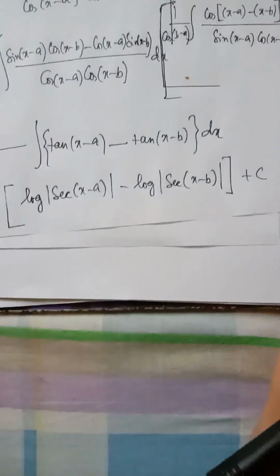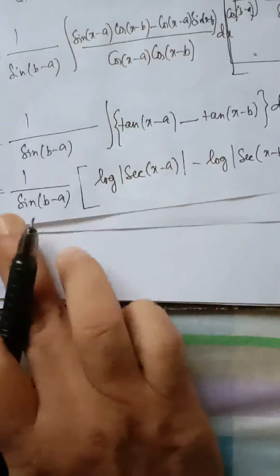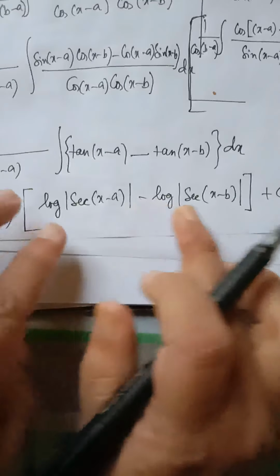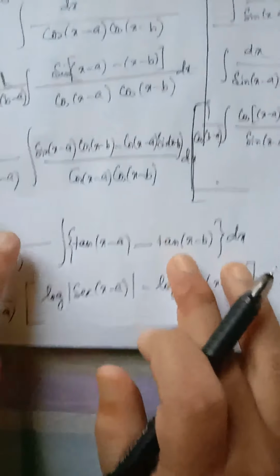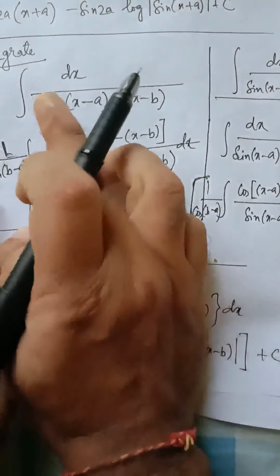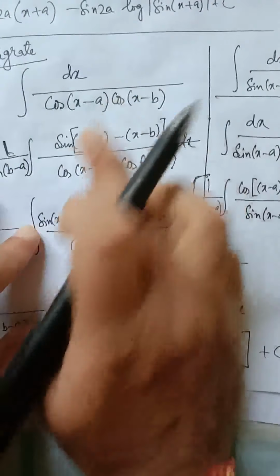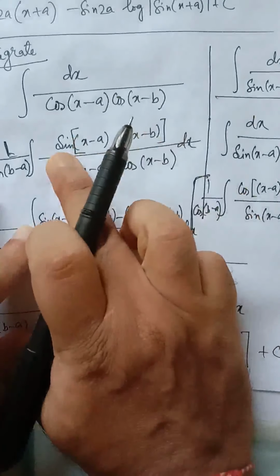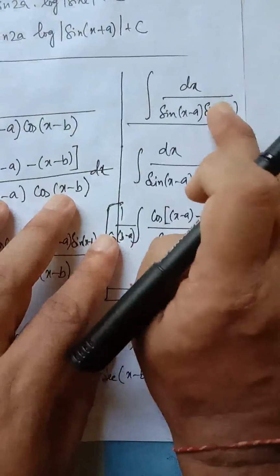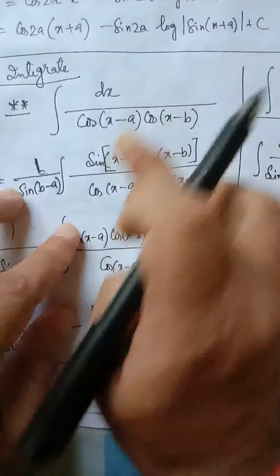So what is the main point here? The answer is 1 by sin(b minus a) into log of sec(x minus a) minus log of sec(x minus b). But what is the main point? If both terms in the denominator are cos, we have to express the numerator in terms of sine. When both terms are sine, then also we express the numerator in terms of sine.